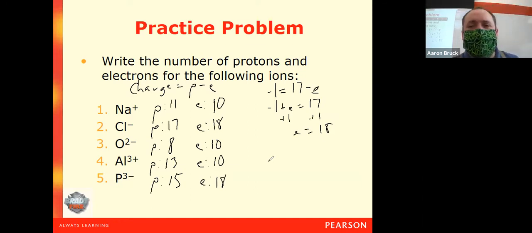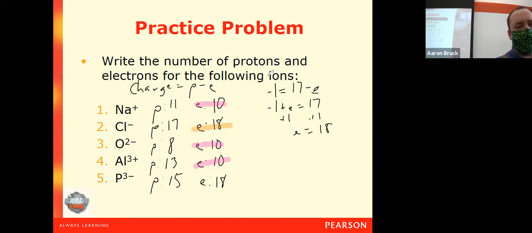Now, what I want you to notice here, kind of our closing thought today, it's going to springboard us into Friday. The fact that these ions landed on common numbers of electrons is not coincidental. There's a very particular reason why it happened.